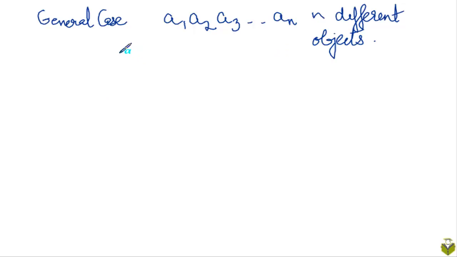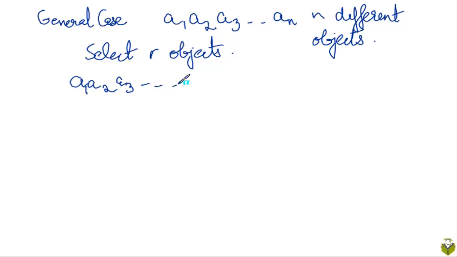I want to select r objects. I can select r objects in many ways, and one of those selections is, say, taking the first r objects. I just take the objects between A1 and Ar. So this is one selection.